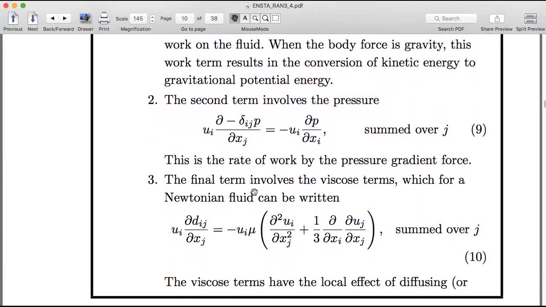And finally, I have the third term, which is the velocity times this divergence of the deviatoric stress tensor, which I said comes from the viscous part.